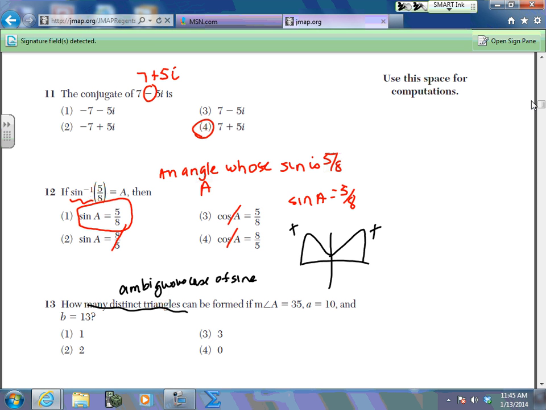If we label this, we have A over sine of A, B over sine of B. Just plug them in.